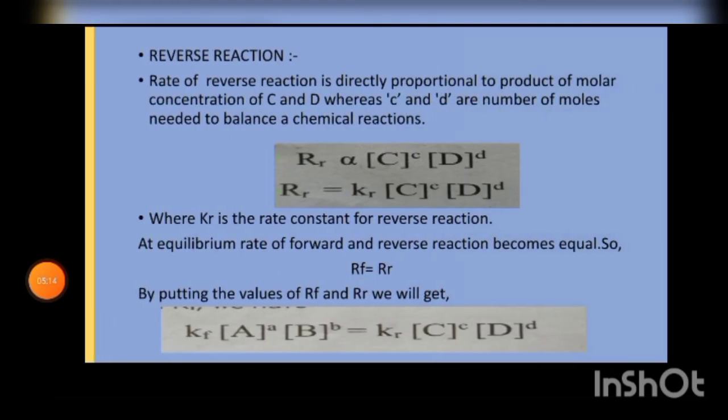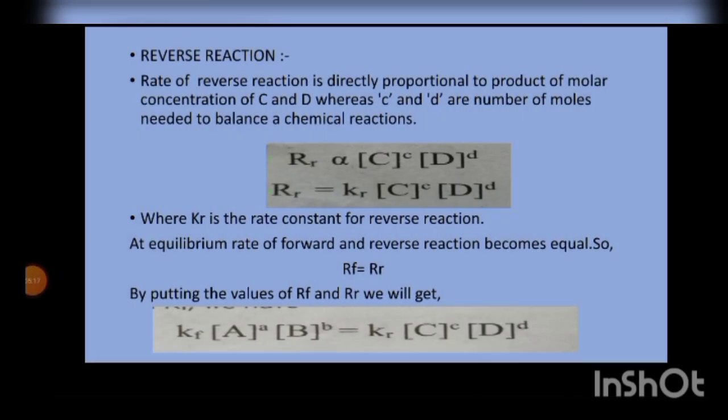Now let's move towards the reverse reaction. In the backward reaction, the product starts decreasing. So in the reverse reaction we only consider the products, because the species that is going to decrease is the one we write in the rate expression.